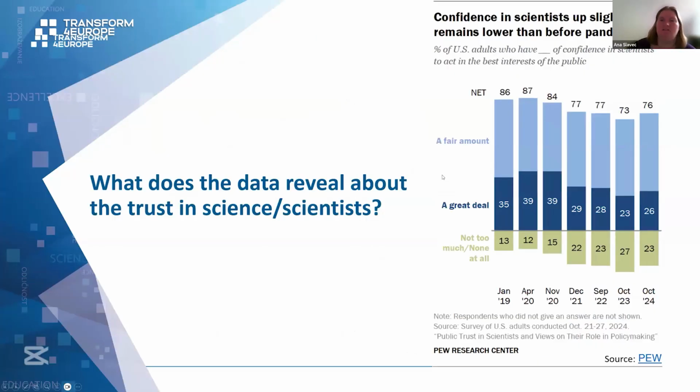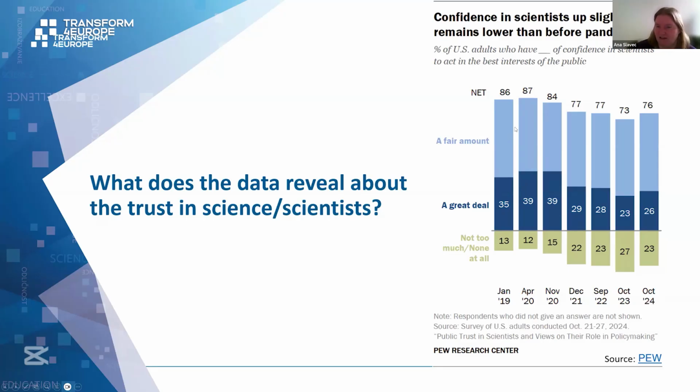Here is some data from the United States, from the Pew Research Center. The question that was asked was about confidence in scientists. There is data from 2019 to October last year.